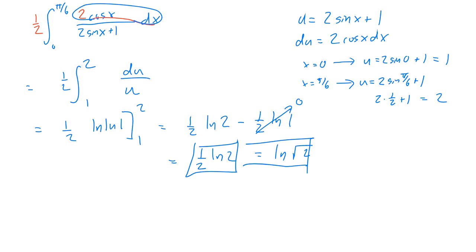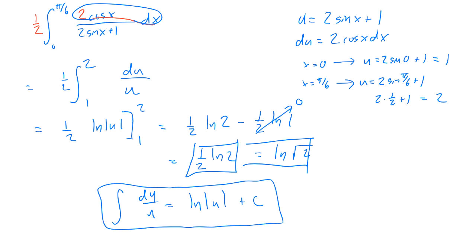I had a question. Mm-hmm. Where did the ln absolute value of u come from? That's the formula that you're just going to have to memorize. And that's that the antiderivative of du over u is natural log absolute value u plus c. And that comes from the very last section that we cover this semester.